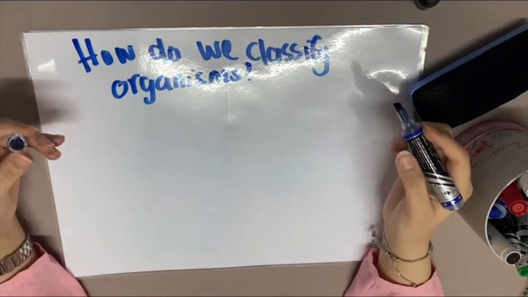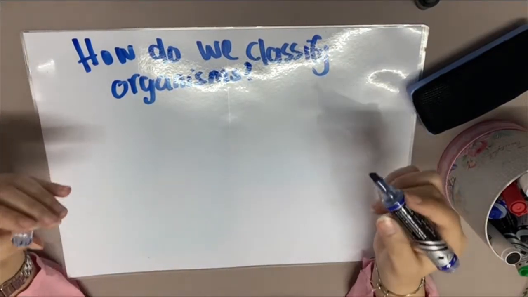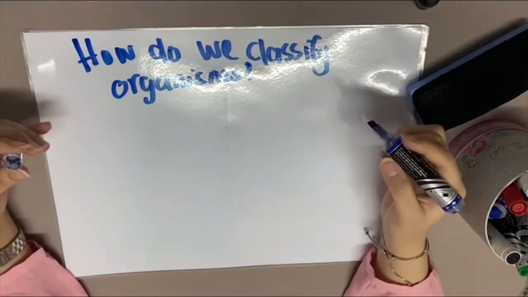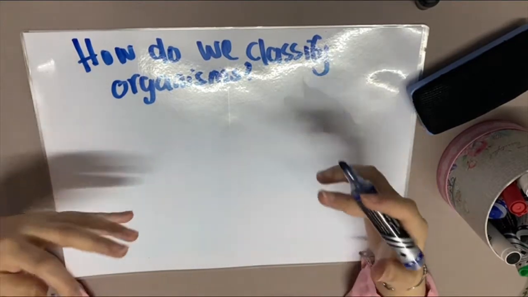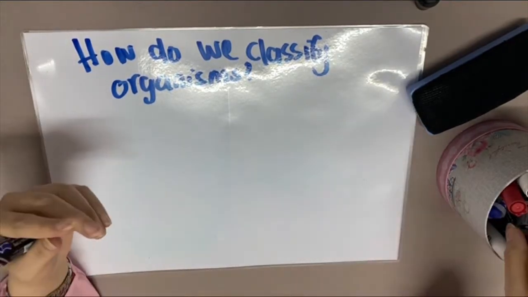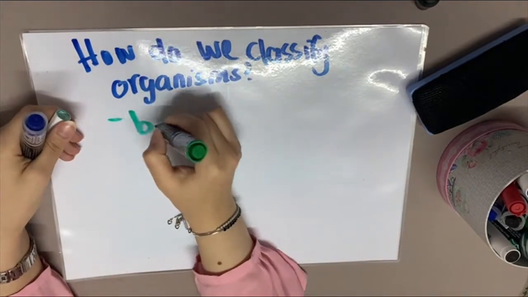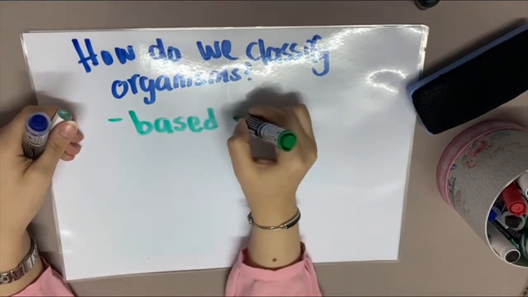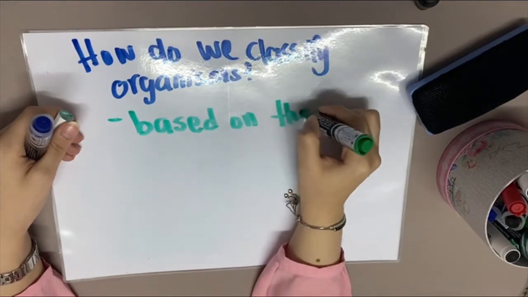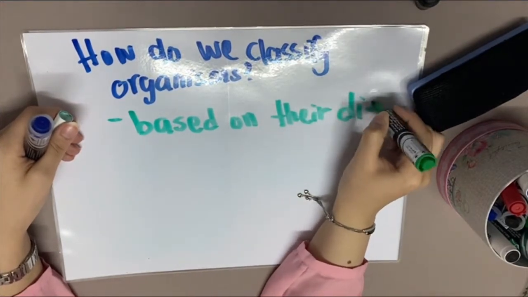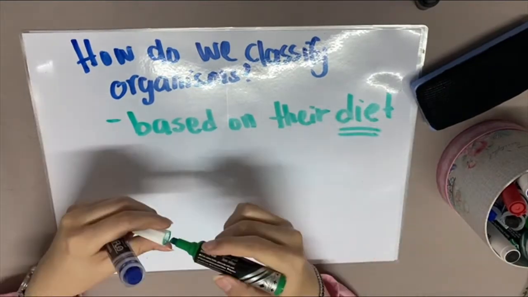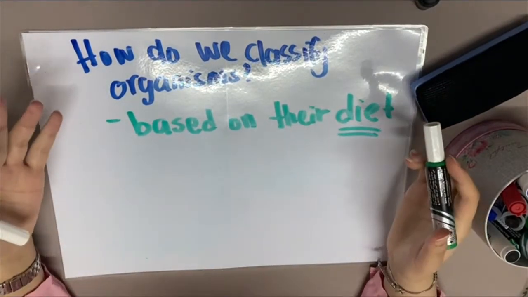Organisms are classified based on the way they get the energy they need to survive, which is technically how they get food. So we can simply say classified based on their diet, what they eat. So animals are classified based on their diet.